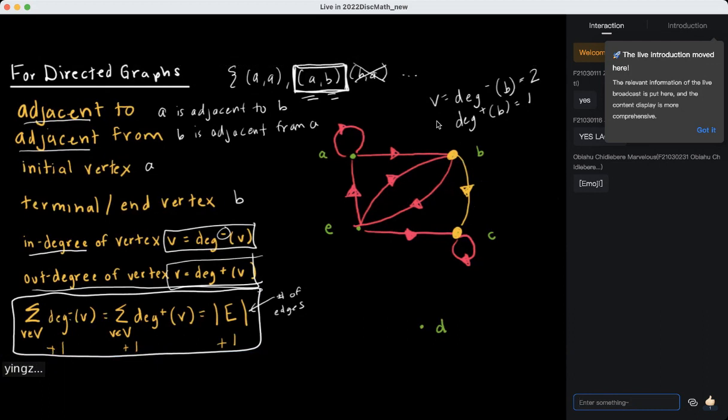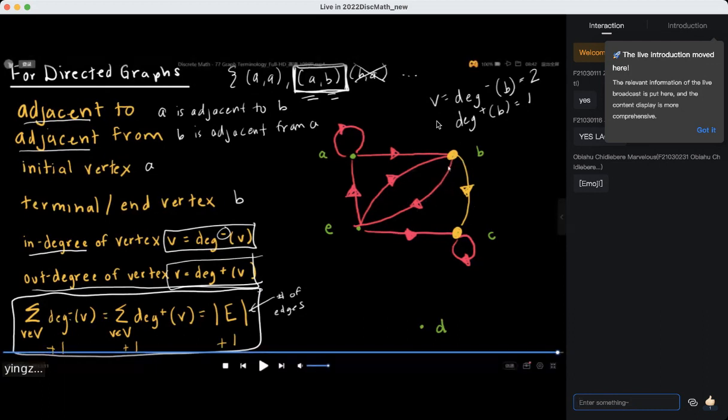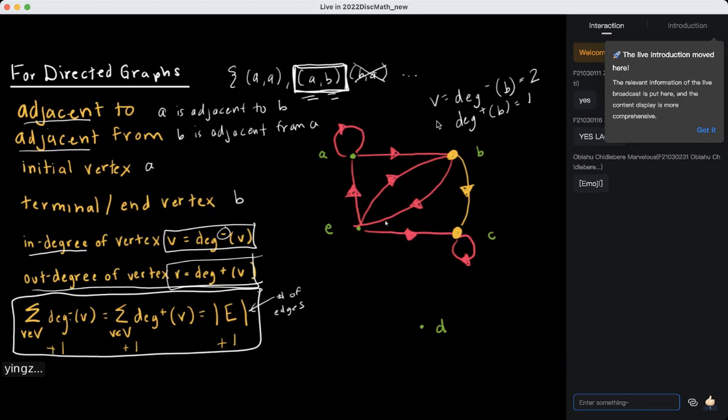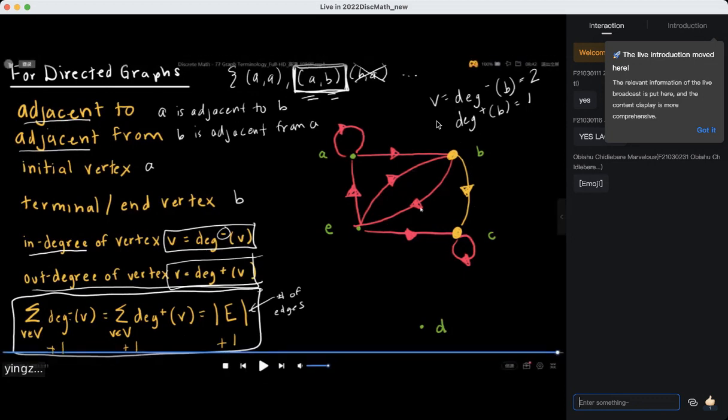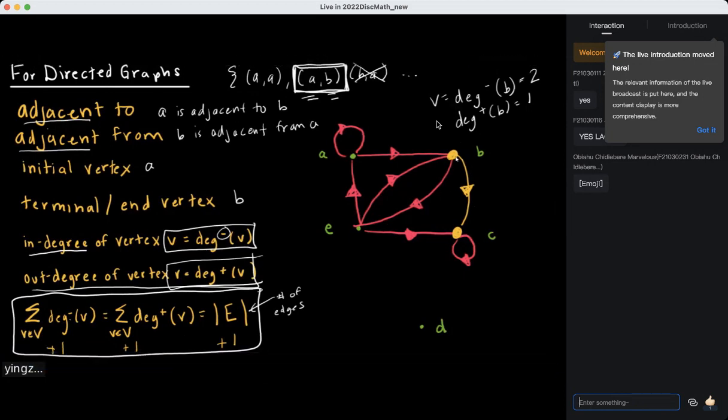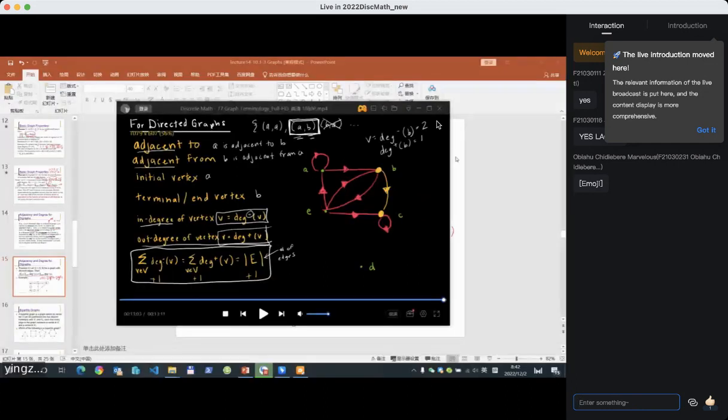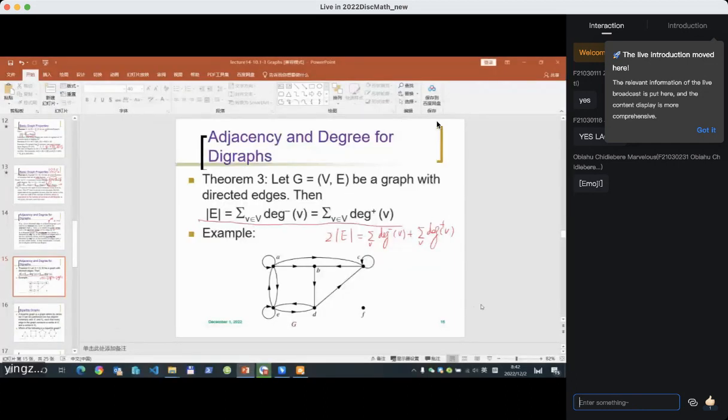Just one more directed edge means one more in degree and one more out degree. It is similar for all the edges, so you can simplify it like this.